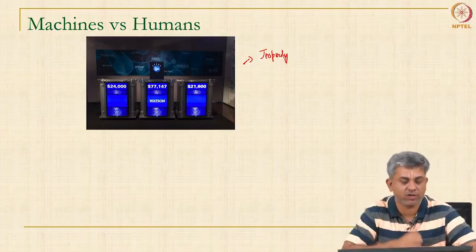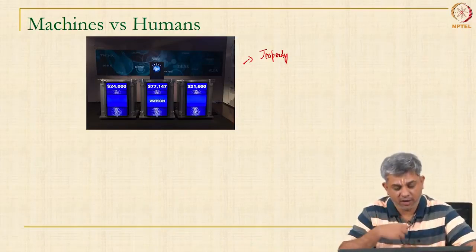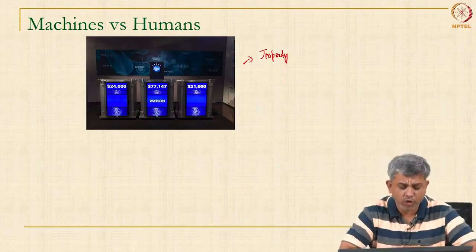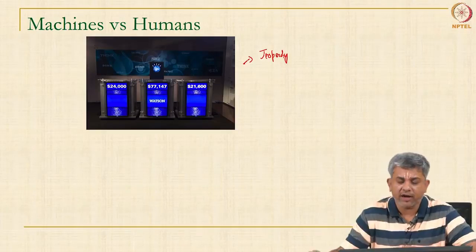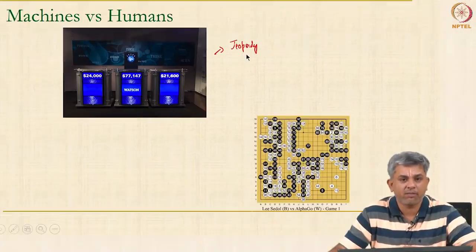Of course, it is knowledge based also, but there are puns etc., and you have to understand allusions very clearly. The thing that won was IBM's Watson, and it is a machine learning based algorithm, or at least semi rule based, semi machine learning based.